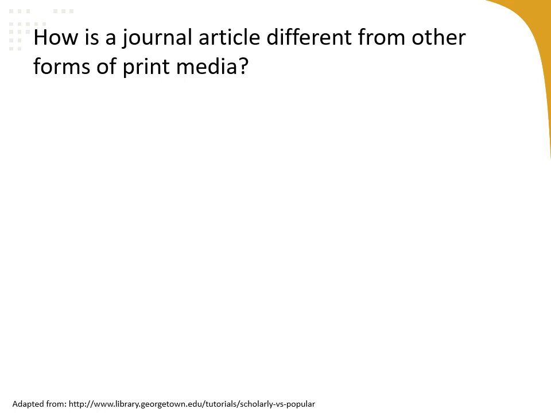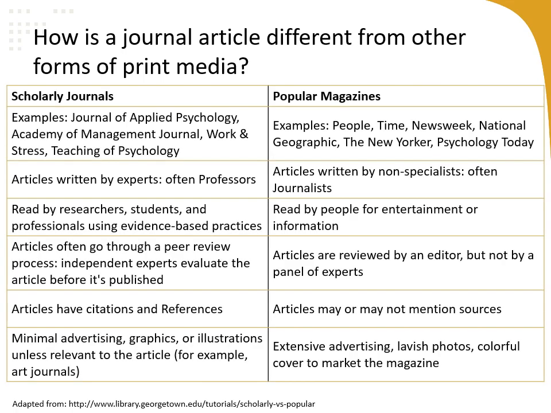So real quick, I just want to emphasize the difference between a scholarly journal article and something that is less rigorous, like a magazine. So if you look at this list, you'll see that scholarly journals are often written by professors or experts in a field of study, whereas popular magazines are often written by non-specialists or journalists and are often really dictated by editors, right?